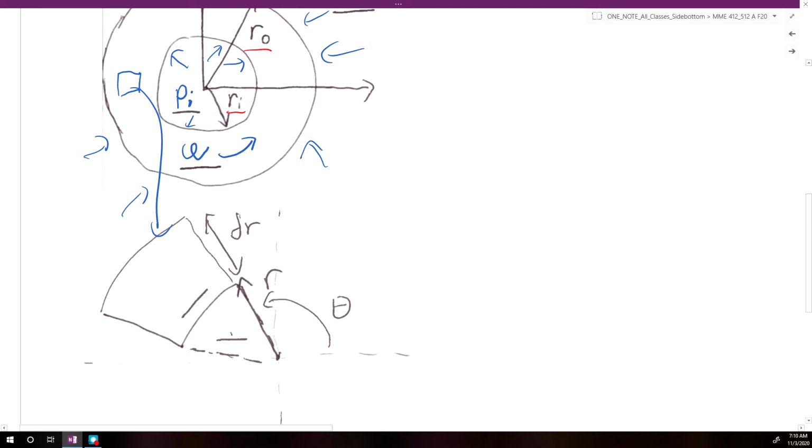This would be a stress element, our differential radial element. It will be at some location r and at some angle theta.